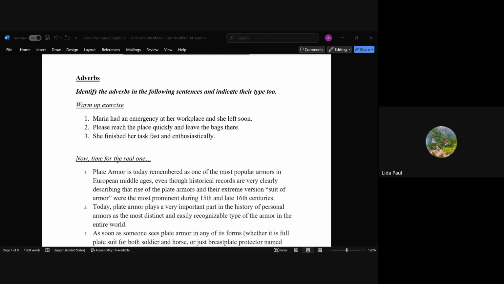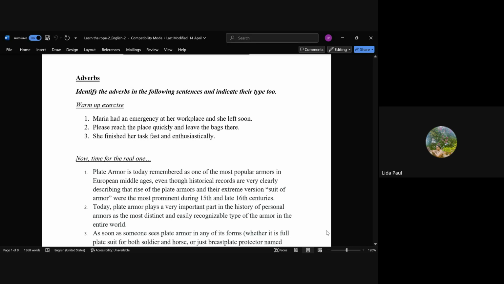Fast in this case is used as an adverb. But can we also use fast as an adjective? Yes. Fast can also be used as an adjective, like a fast swimmer or fast food. In all those cases, fast is used as an adjective, but in this case, it's used as an adverb.